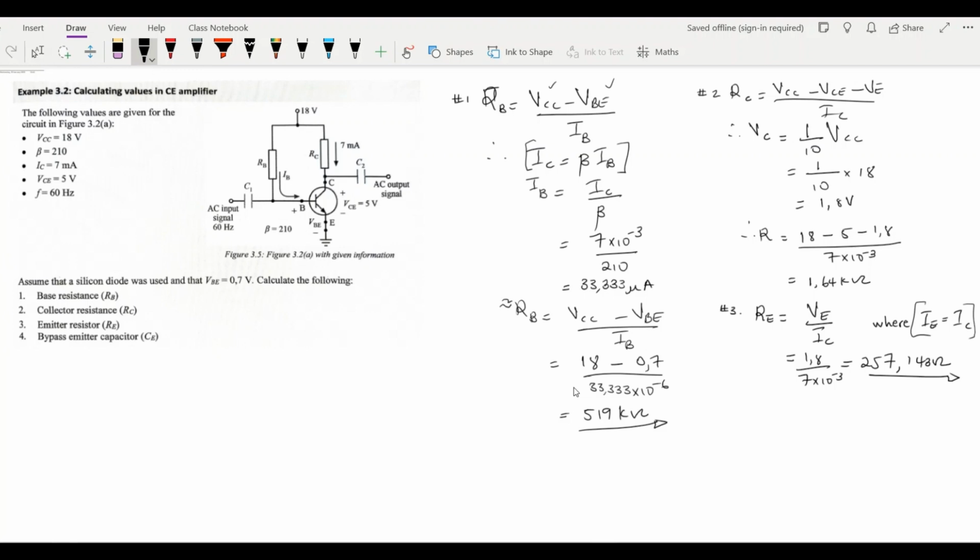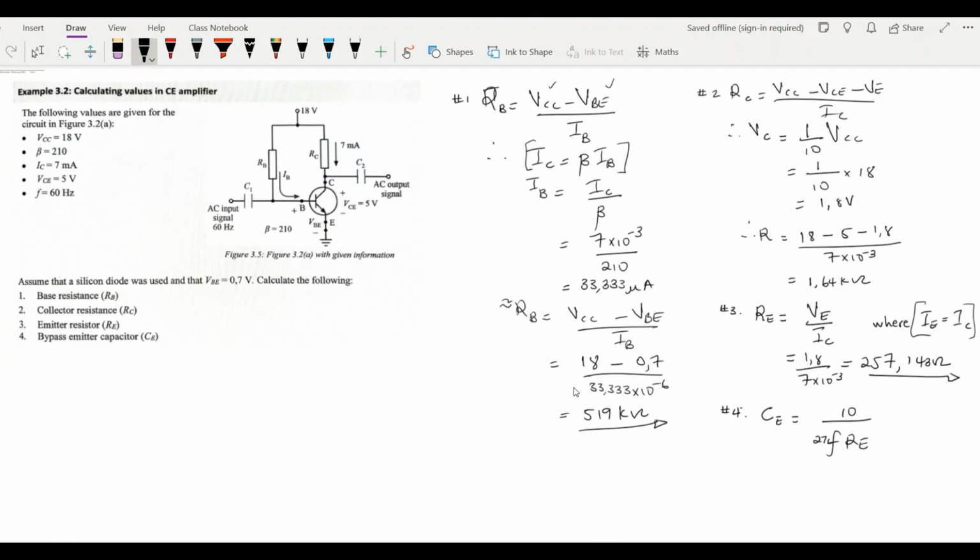So amazing. Then the last question, number 4, we need to calculate the bypass emitter capacitor, that is CE. The bypass emitter capacitor is given by 10 divided by 2 pi FRE.